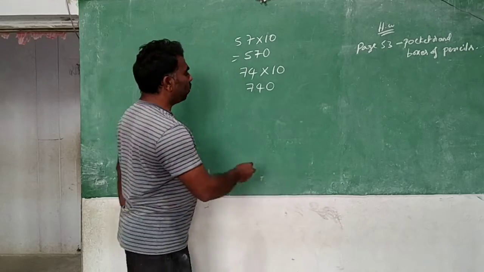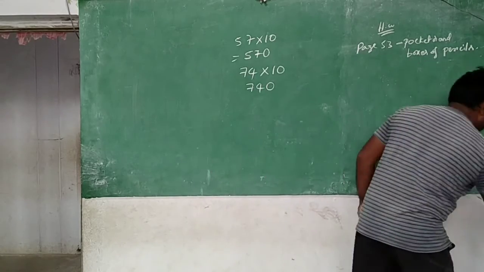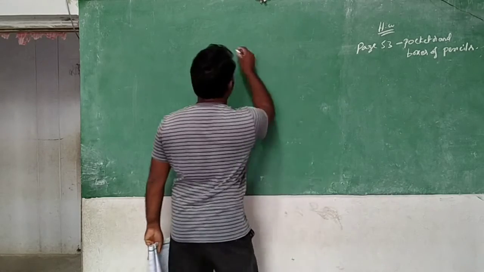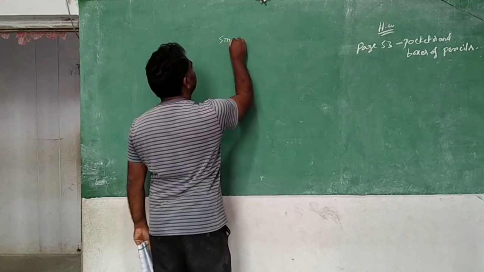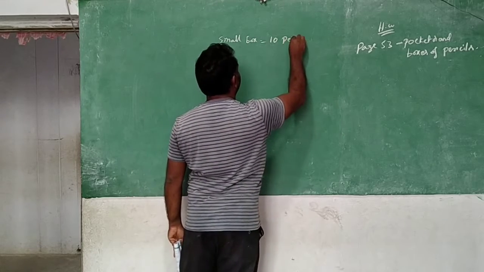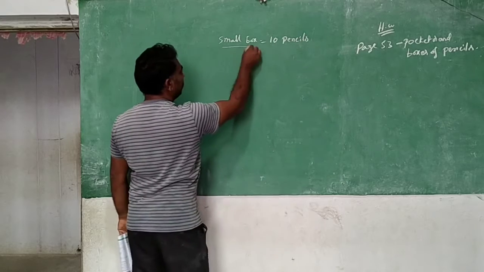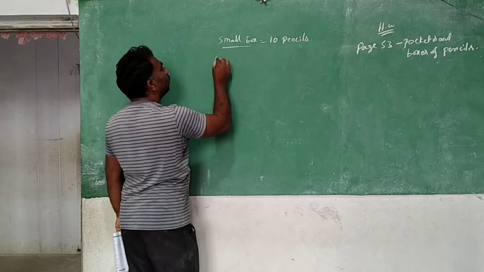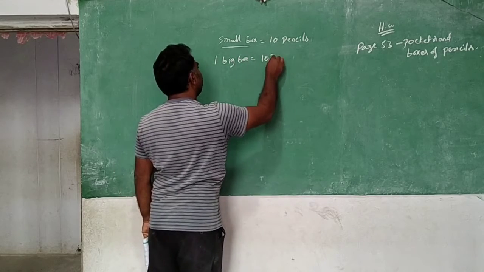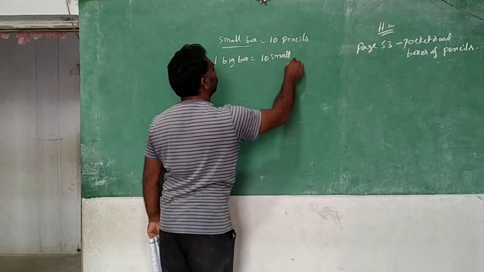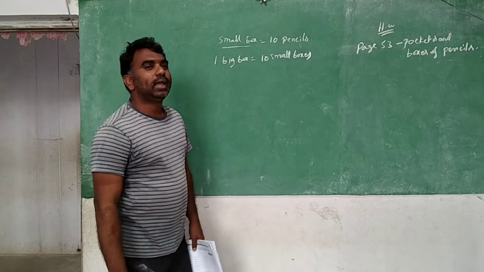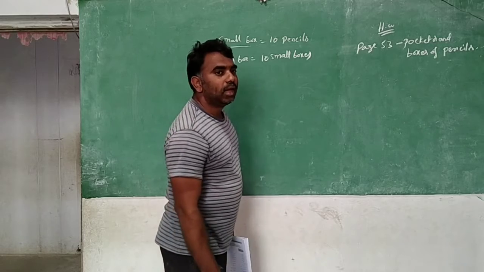So now I said to you, small boxes. In every small box, there are 10 pencils. Like these small boxes, in one big box, 10 small boxes are there.